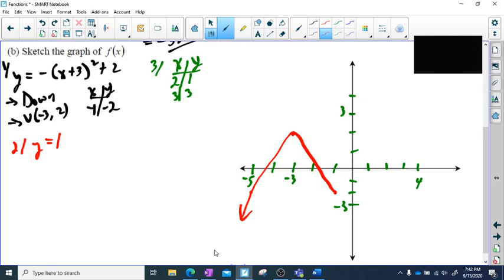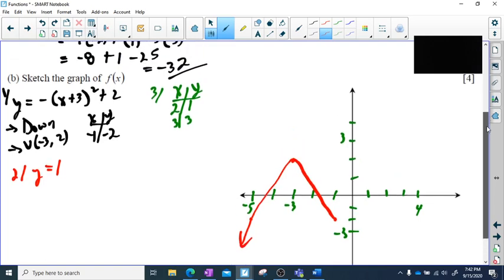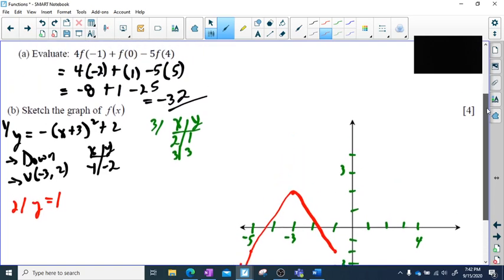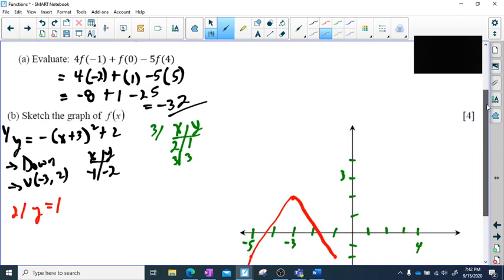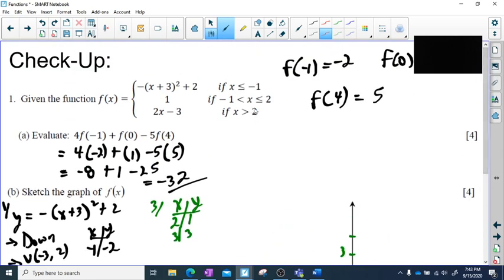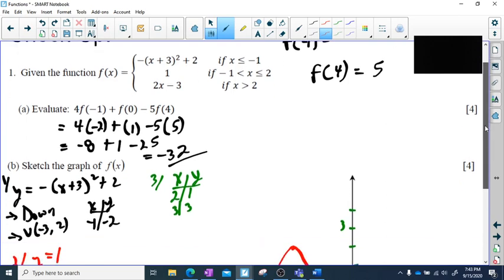That would be the top piece of the function. The middle piece of the function, which is just a straight line, we said, that's y equals 1. Now I just got to determine, from -1 over to 2, open on the left end, closed because of the equal sign in front of the 2. So between -1 and 2, it's a horizontal line running through 1.